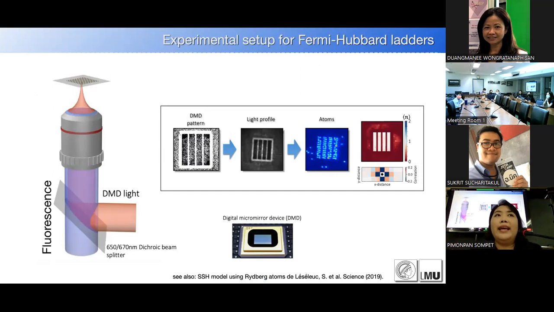We call it a two-leg ladder. And that's how we do potential engineering. We use the DMD mirror, which has an array of mirrors and can turn light on and off for individual spots. I think you use it in astronomy as well.